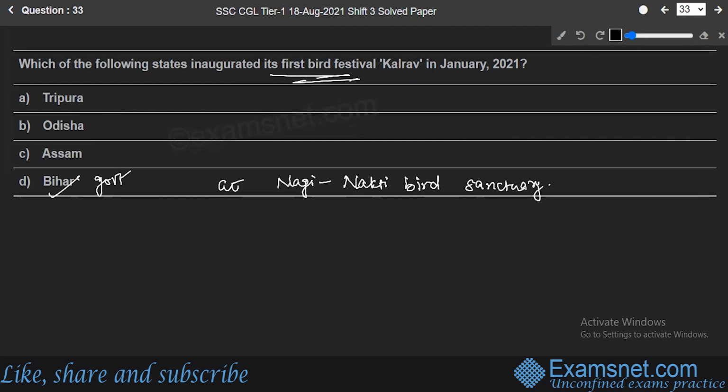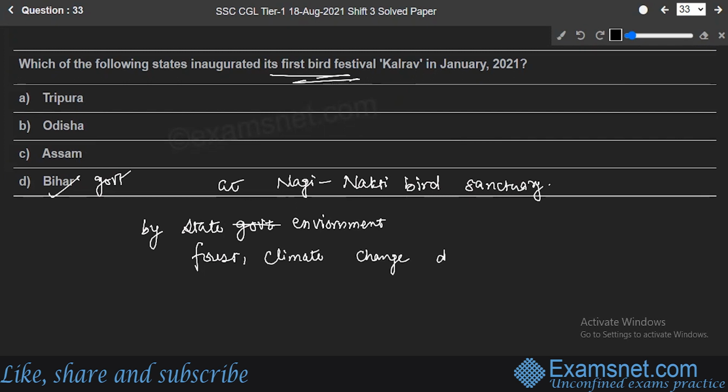This festival was organized by the state government's Environment, Forest, and Climate Change Department to create awareness among people about birds, especially the migratory birds. So the correct answer to the question is option D, Bihar. Hope you're clear with this.